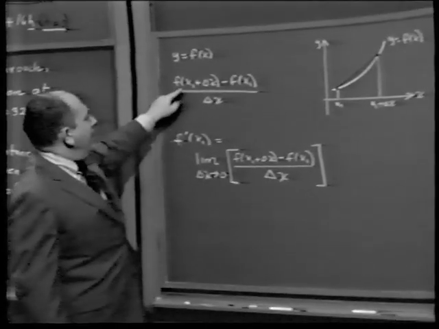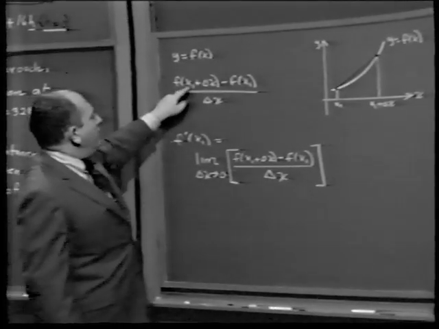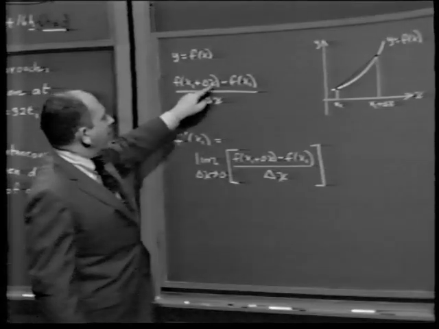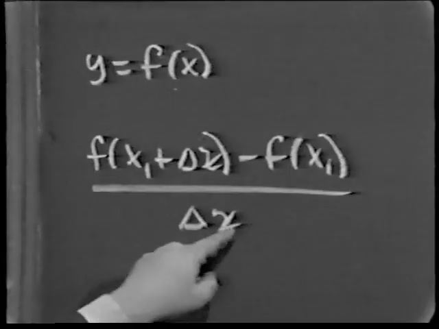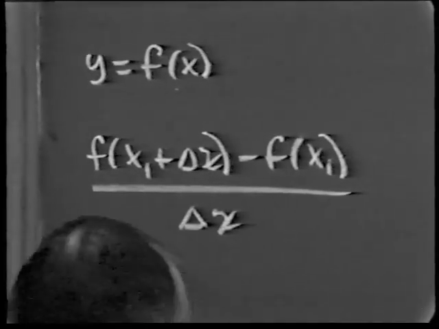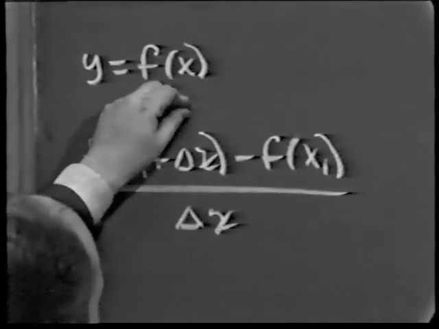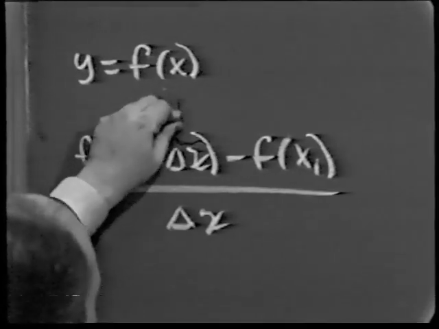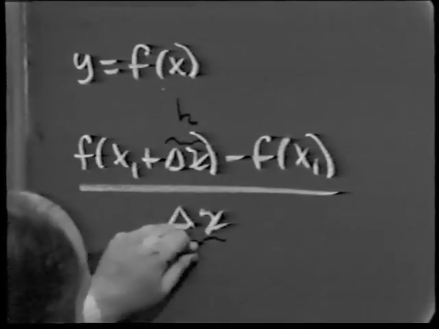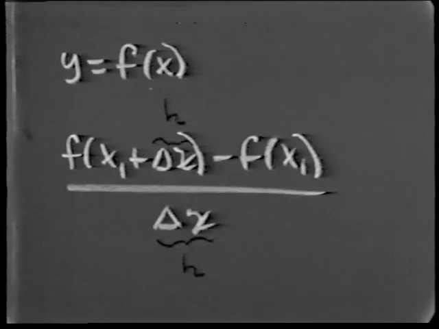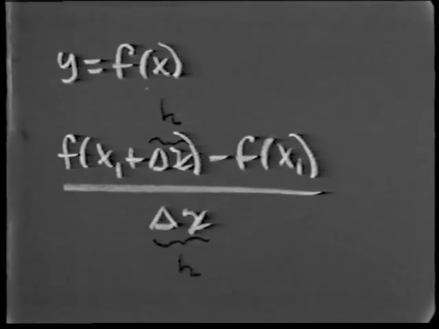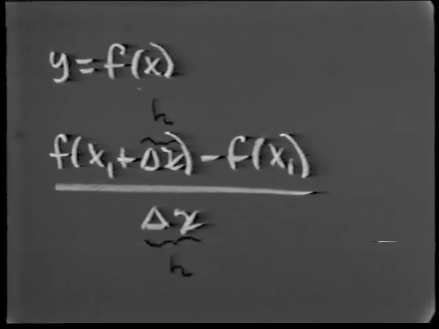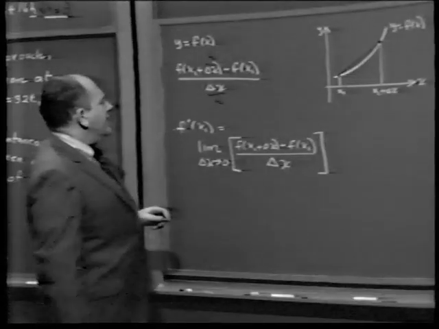But what does it mean if I now mechanically compute f of x1 plus delta x minus f of x1 over delta x? And by the way, again, notice just a question of symbolism. Delta x happens to be the conventional symbol that one uses in the analytic geometry approach, where we were using h before. But this is simply a question of notation. Well, the idea is this.